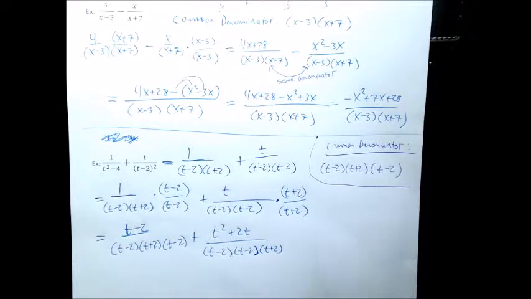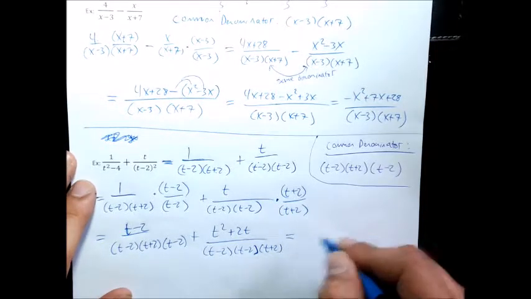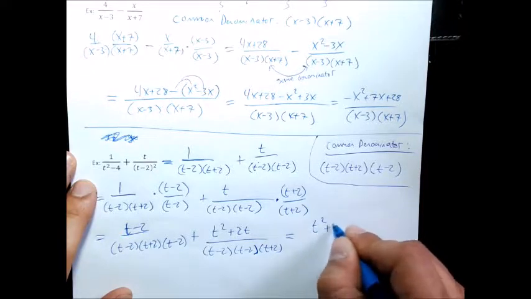When we add them, we'll do the t plus 2t. There are no constants and there's no t squared, so the t plus 2t will give us a 3t on the top, and everything else is the same.